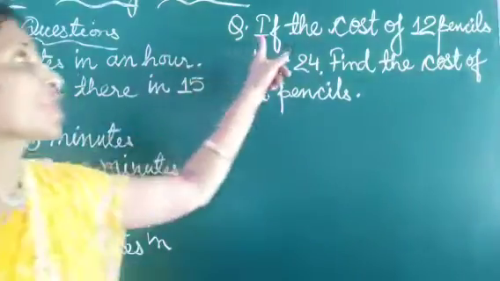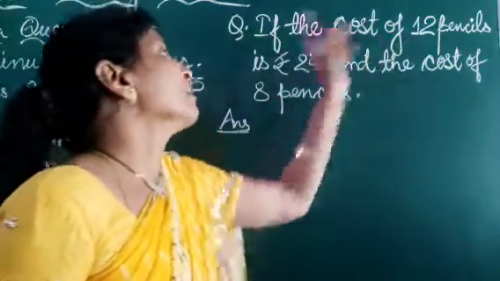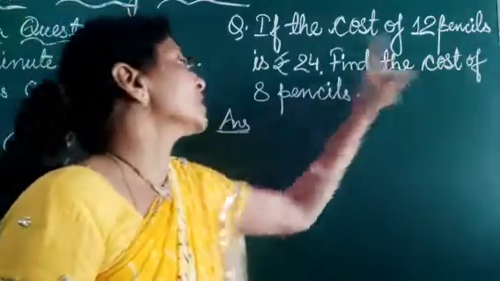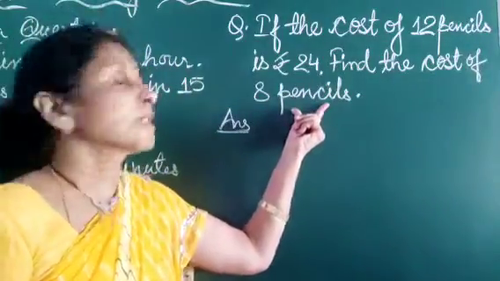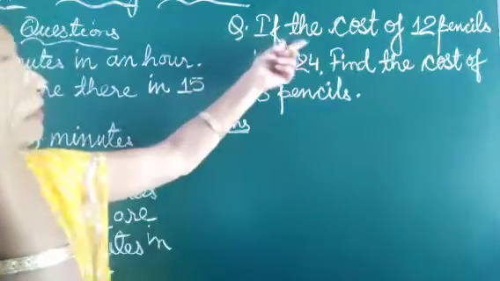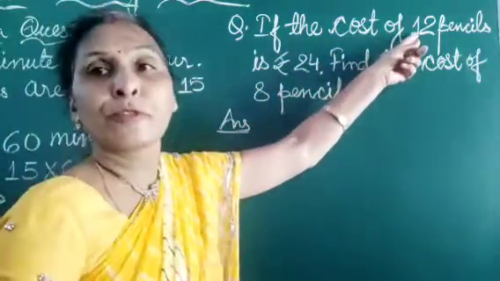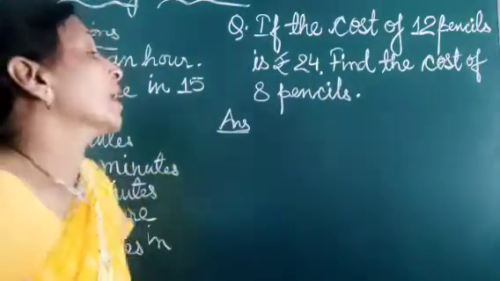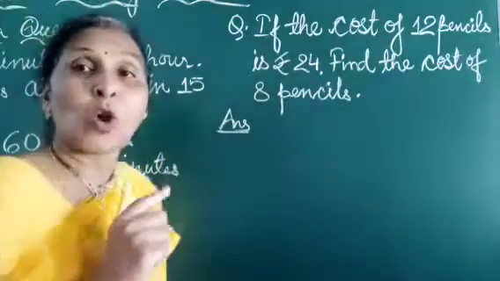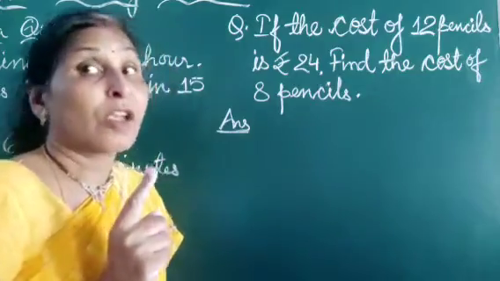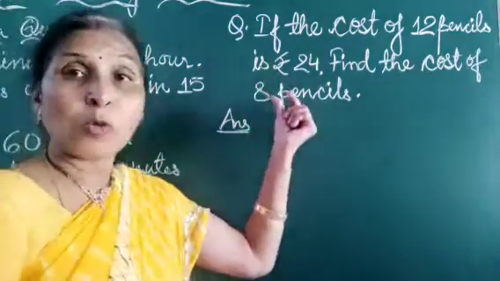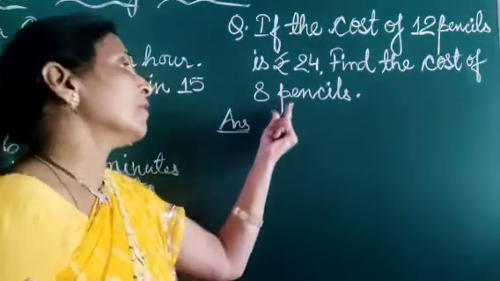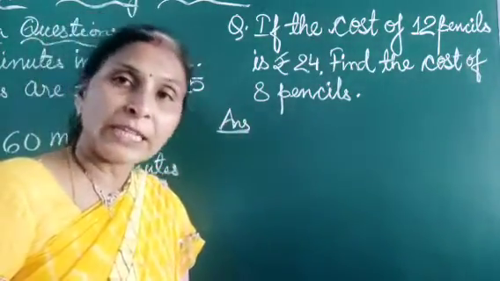Now the next question, if the cost of 12 pencils is rupees 24, find the cost of 8 pencils. Now here it is given that the cost of 12 pencils is rupees 24 and we find out the cost of 8 pencils. So first we will find out the cost of 1 pencil. Then only we will find out the cost of 8 pencils.